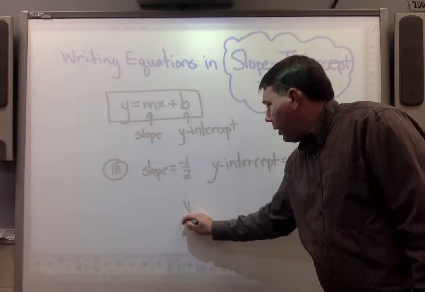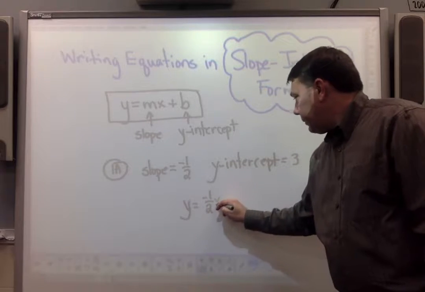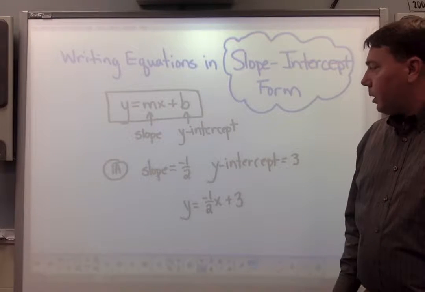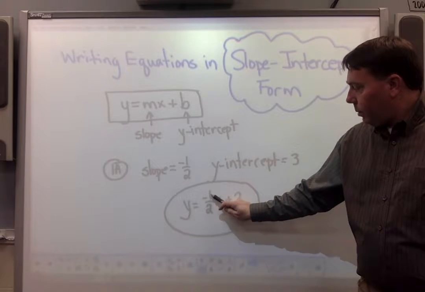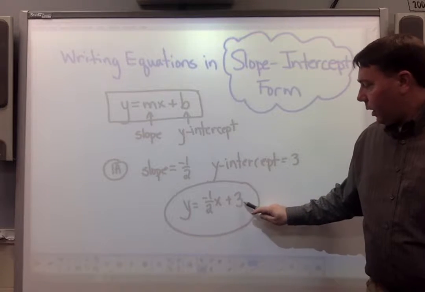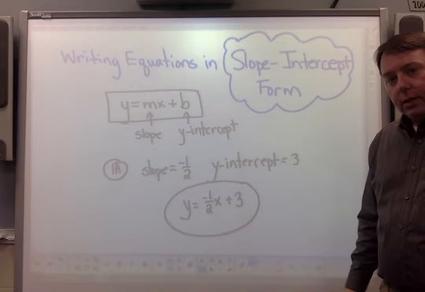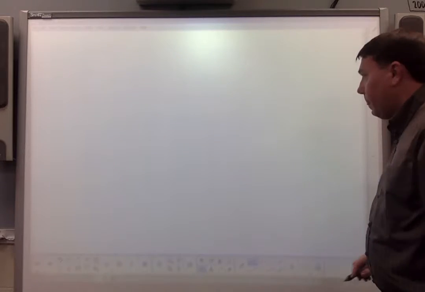So to write your equation, you'd have y equals -1/2 x plus 3. This is an equation of a line that has a slope of -1/2 and crosses the y-axis at 3. We'll practice looking at the graphs in a little bit. Let's go ahead to the next one.